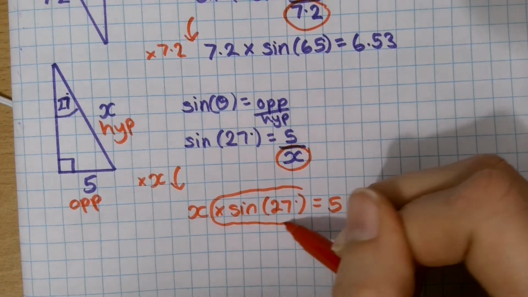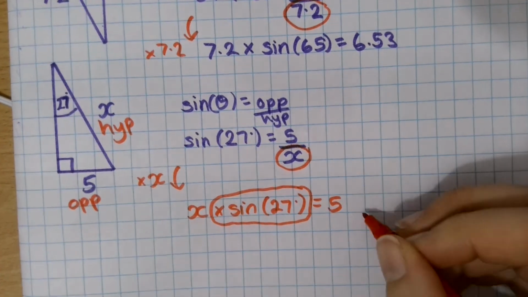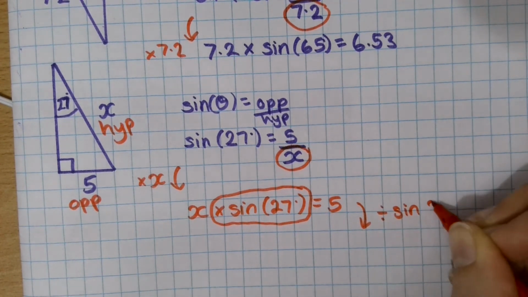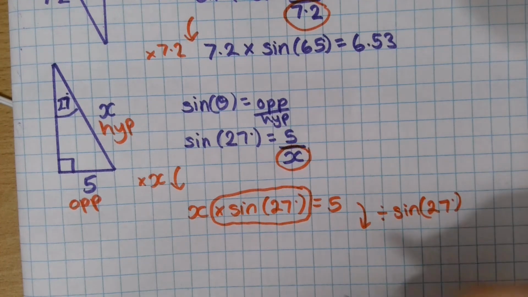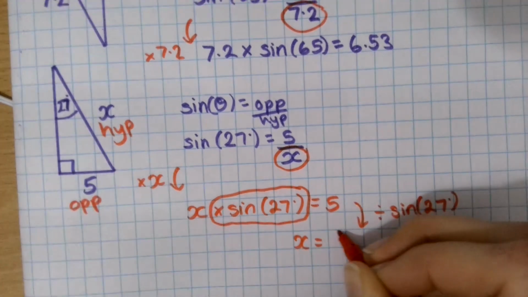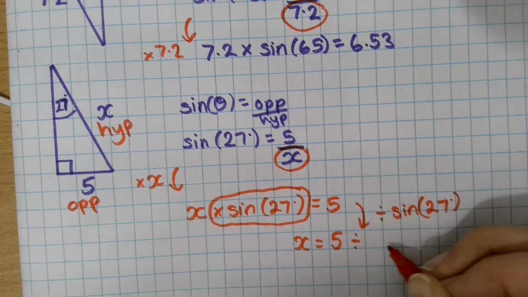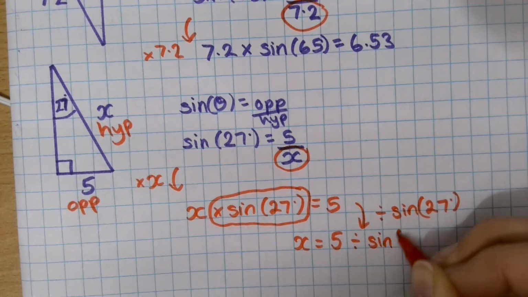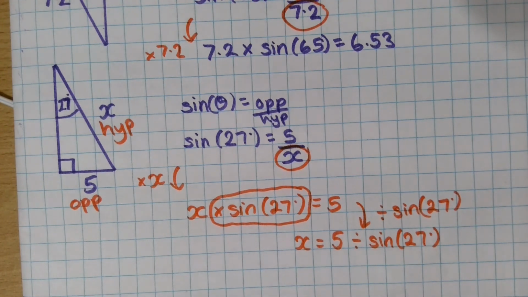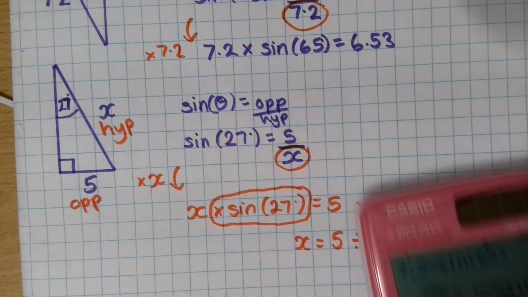We're timesing by sine 27 degrees. So let's do the inverse. Divide by sine 27 degrees. Which means that x equals 5 divided by sine 27 degrees. There we go. We've now got something we can put into our calculator.